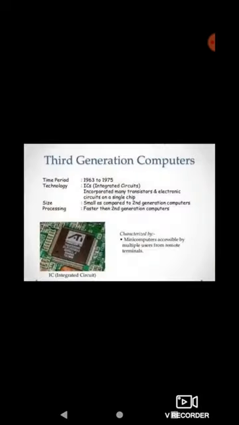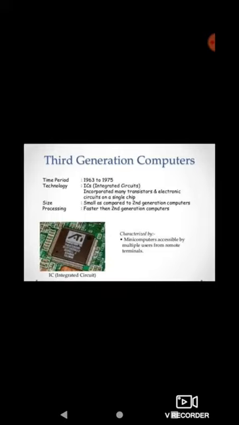So in the first generation we saw vacuum tubes. Second generation took over with the help of transistors, and then transistors got integrated on the chip. More than thousands of transistors got integrated on the chip. In the picture you can see how an IC or an integrated circuit or a chip looks like.